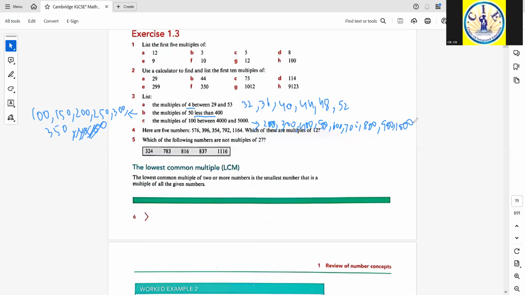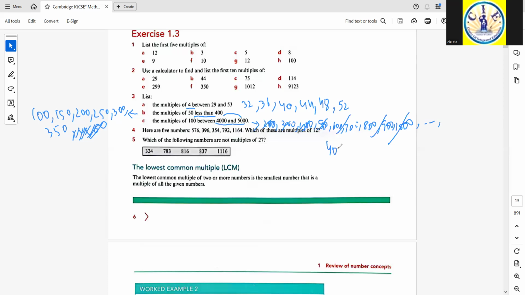And with the same pattern of increasing another 100, you can come up till like this. These are the multiples of 100. But since you need to have them between 4,000 and 5,000, we won't start from here.